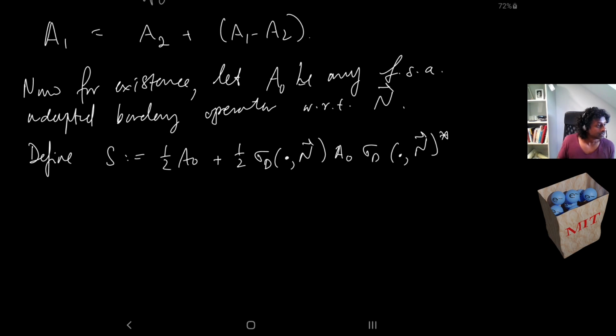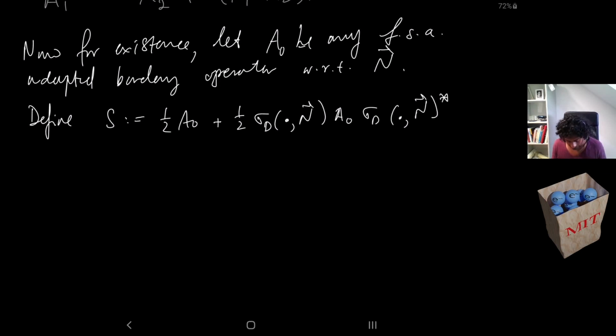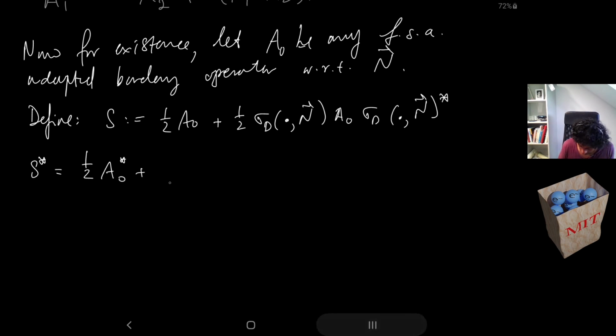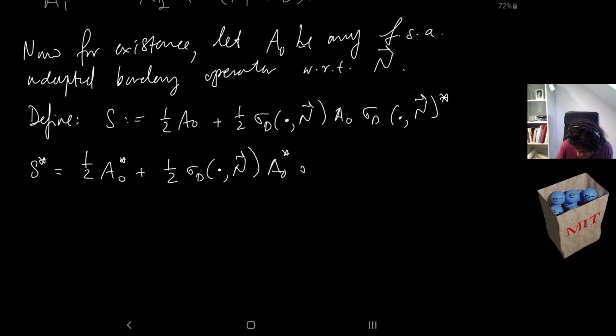Okay. So what do we find? If we take the adjoint of S, then we get half A_0 star plus half D_N A_0 star D_N, but this is again equal to S because we started off with A_0 being a formally self-adjoint adapted boundary operator.